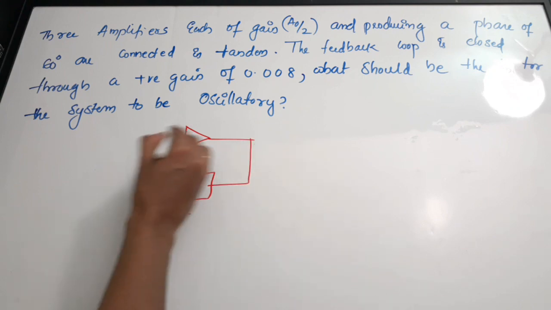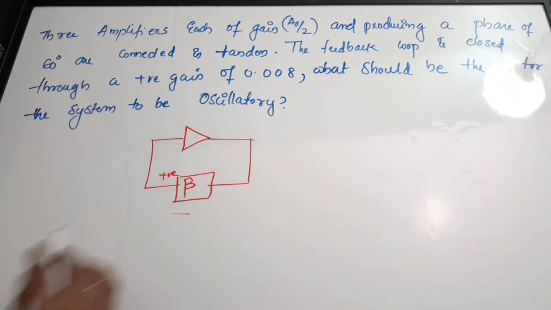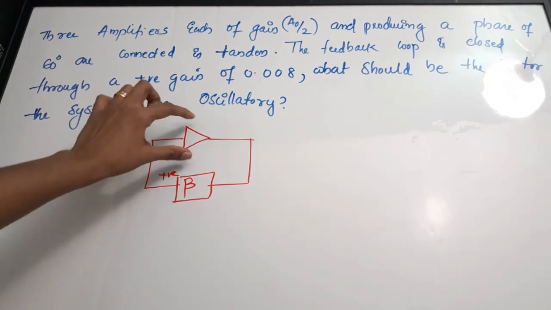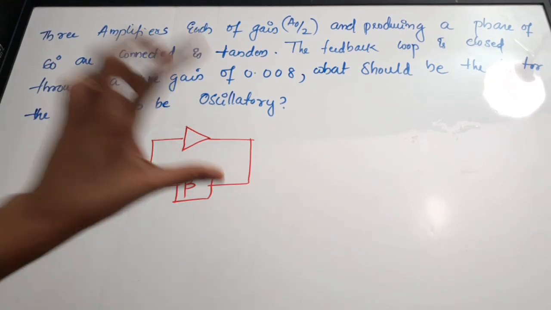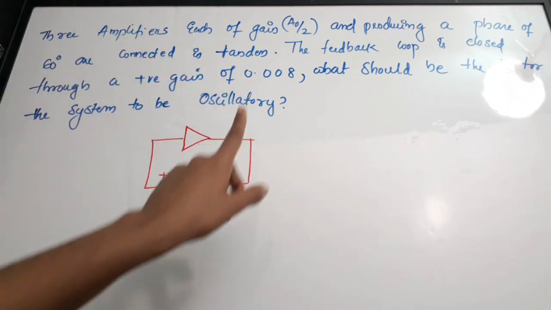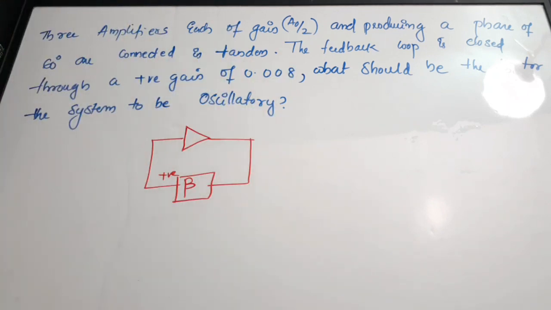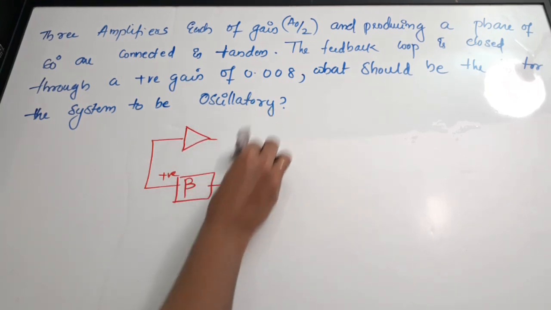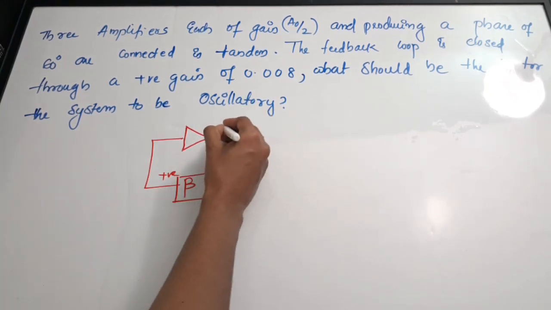And this feedback is connected through a positive feedback, only then oscillations will be sustained. Okay, so there is anyway an amplifier and a feedback circuitry. But here 3 amplifiers are connected. Okay, so instead of a single amplifier, we are going to connect 3 amplifiers together.